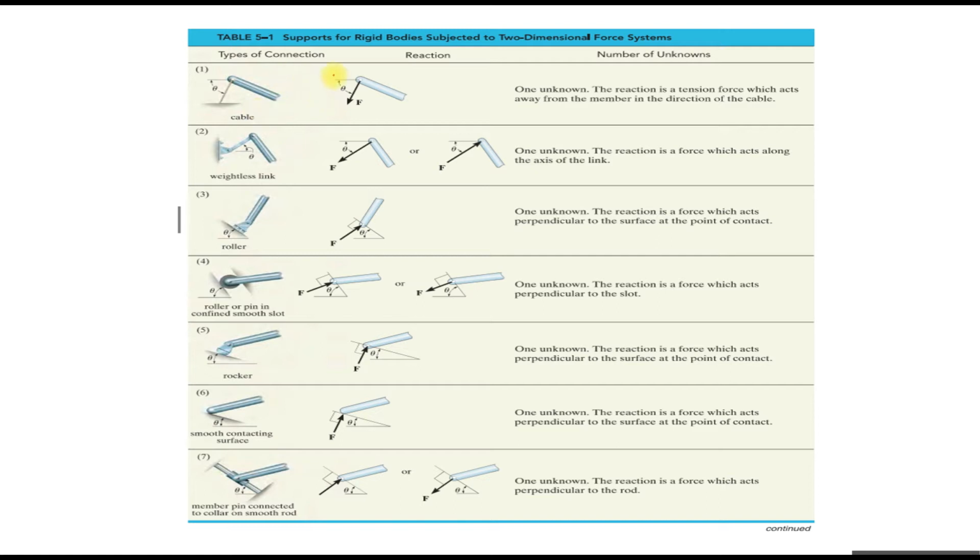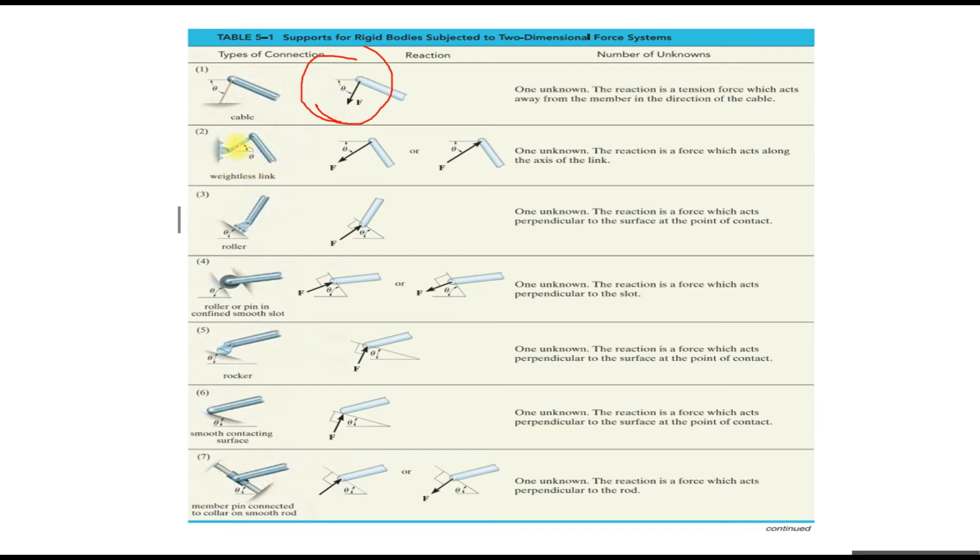So this is an example showing types of connection or types of support, and the equivalent reaction force that represents each. For example, if you have a cable holding it, then in the free body diagram the equivalent force would be a single force acting on it.